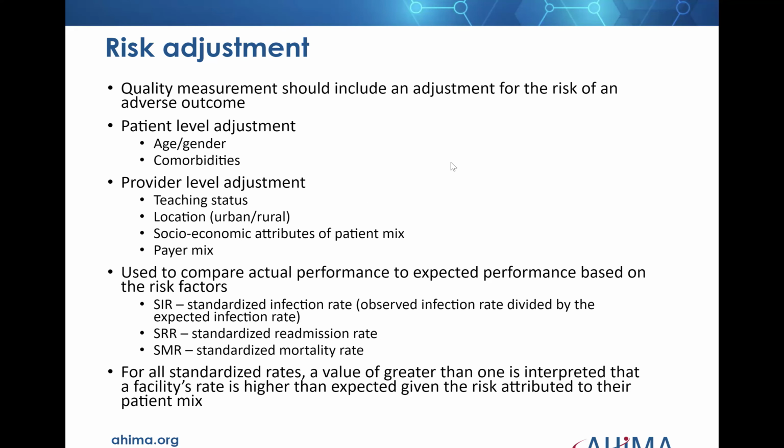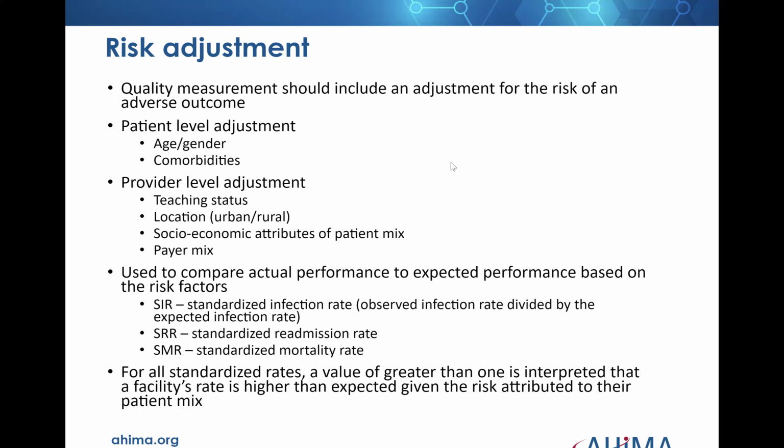Ideally, these quality measures should include an adjustment for the risk of an adverse outcome. So in other words, if one hospital has a service population that has sicker patients, you would expect that their scores would be a little bit different than other hospitals.